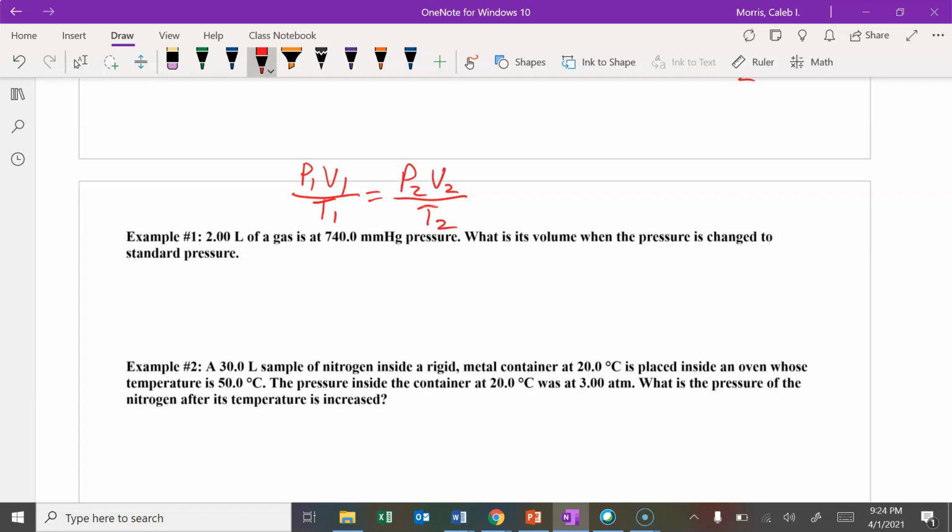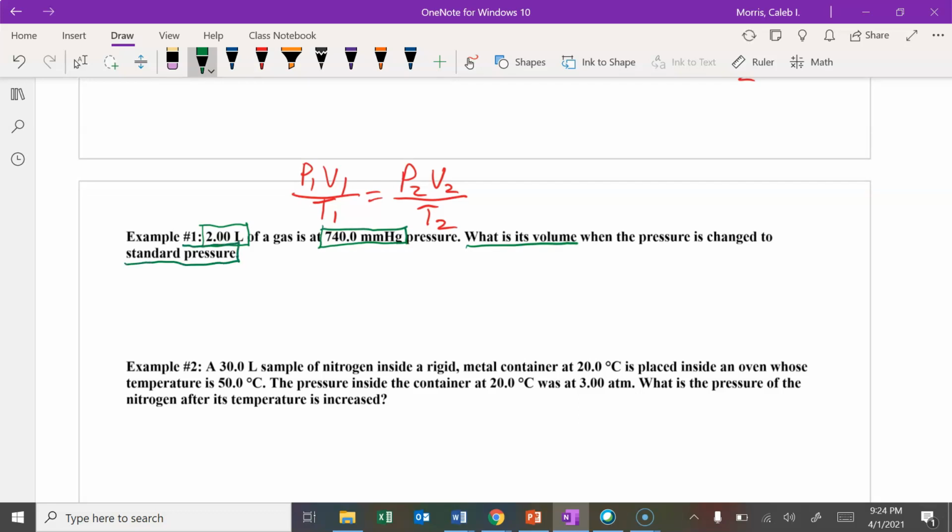I want to read this question and decide what's changing. It says 2.00 liters of a gas is at 740.0 millimeters of mercury pressure. What is the volume if the pressure is changed to standard pressure?